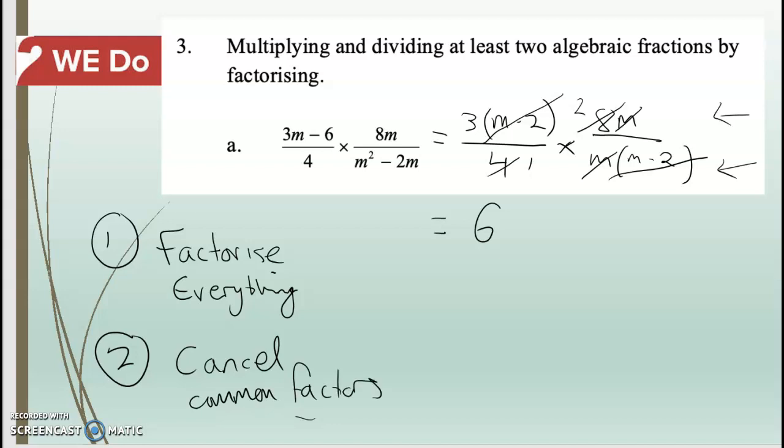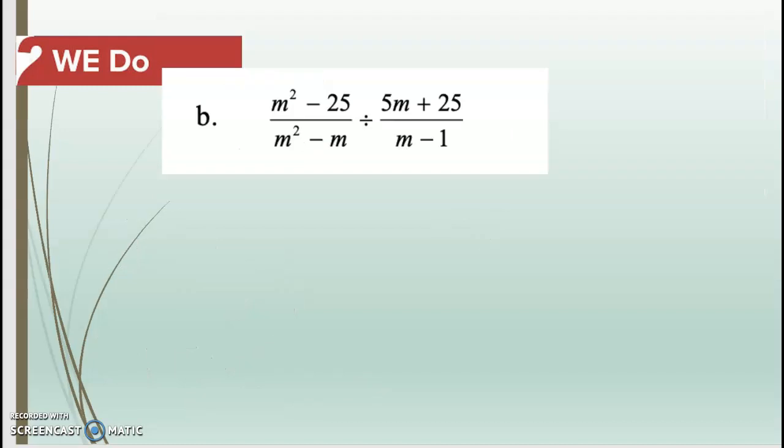Okay, moving on. We're now faced with a division question. When we've got division, we need to flip and multiply before we can start simplifying. So before I do anything, I'm going to, number 1, factorize everything.